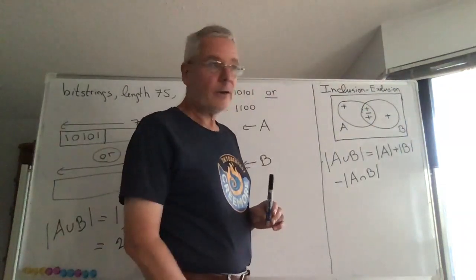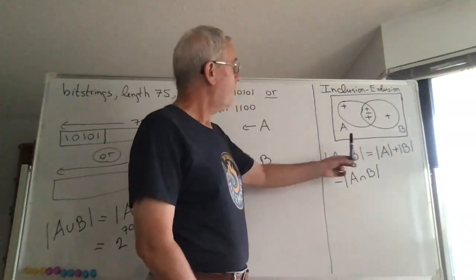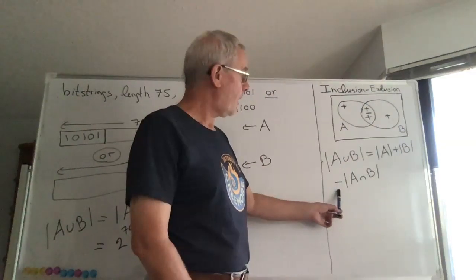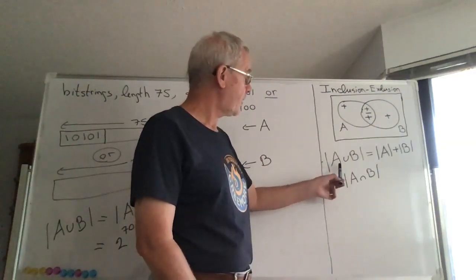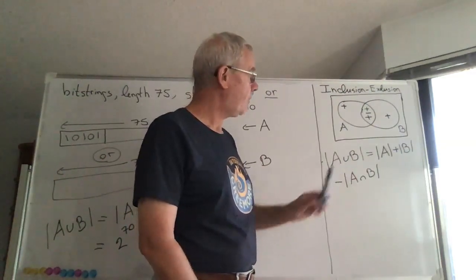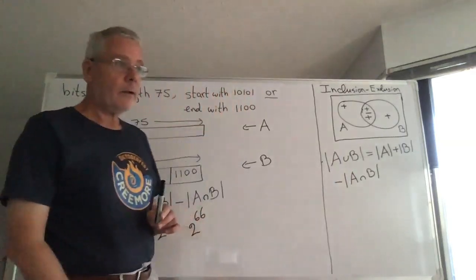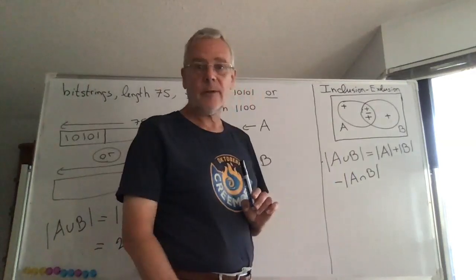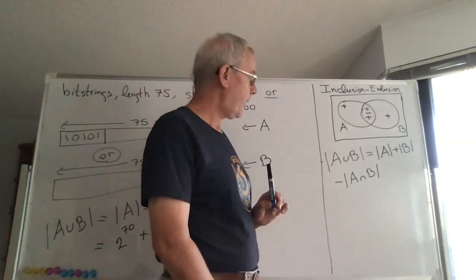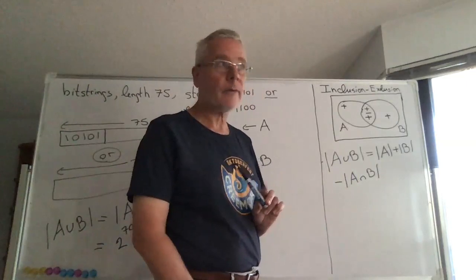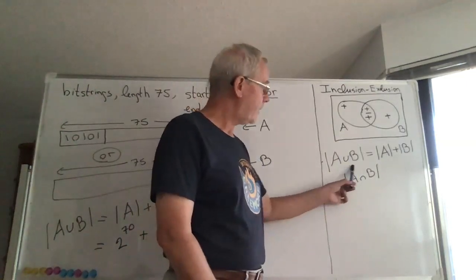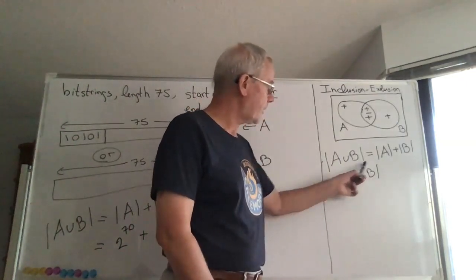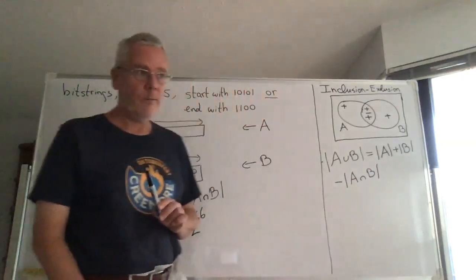First, notice that this formula that expresses the size of A union B is also true if the intersection of A and B is empty. So if A and B do not share elements, then the size of A intersected B is equal to 0.